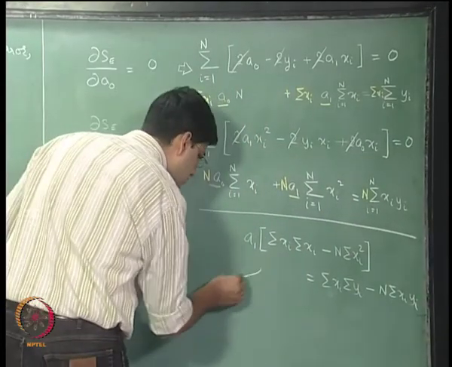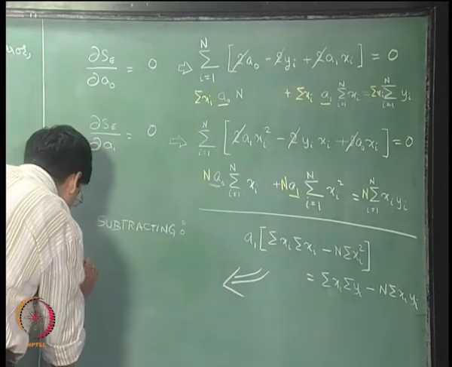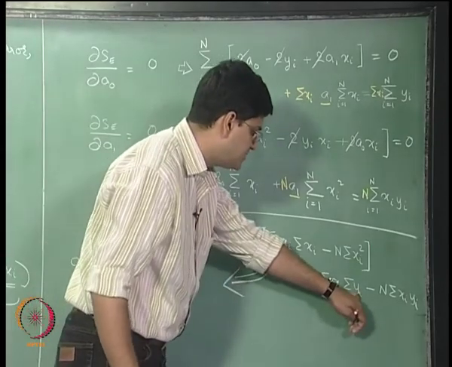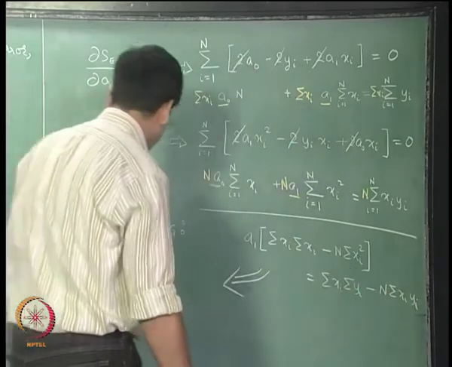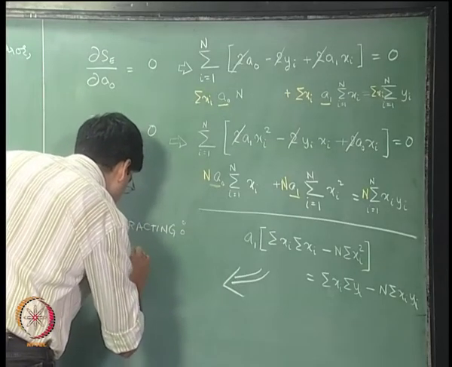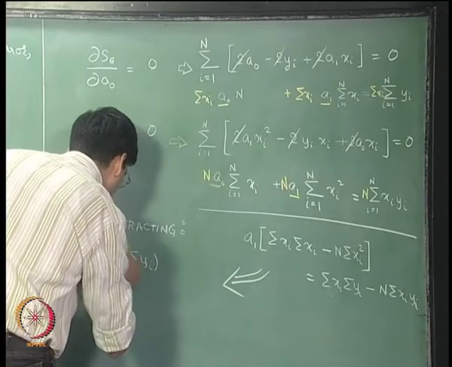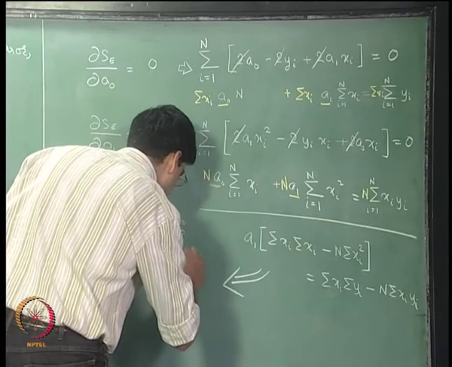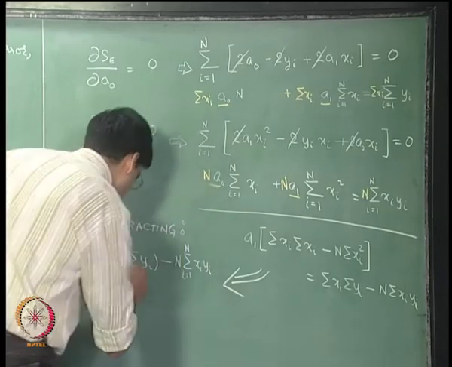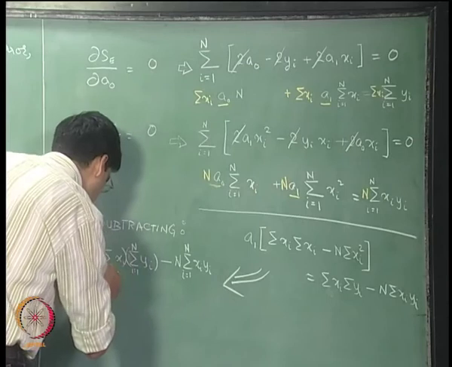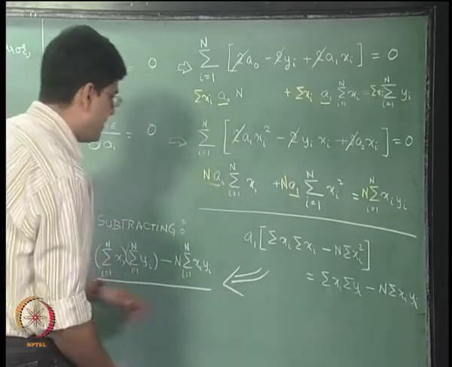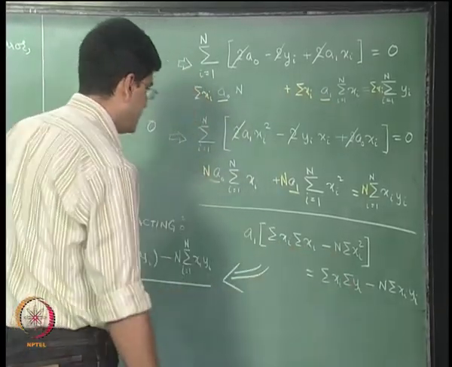Okay. So, this will lead us to A1 is going to be equal to summation xi multiplied by summation yi minus n times summation xi yi divided by summation xi minus n times summation xi squared.